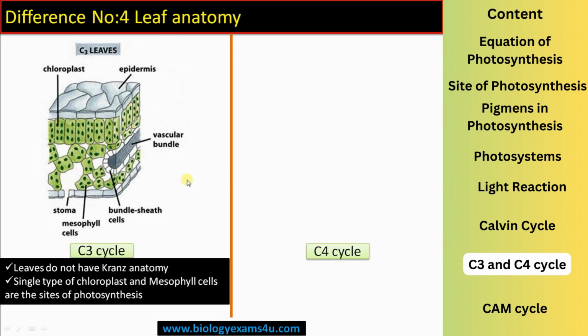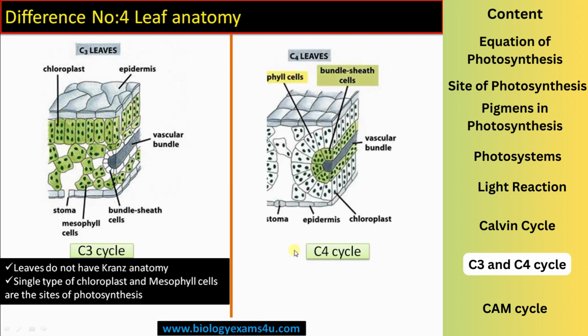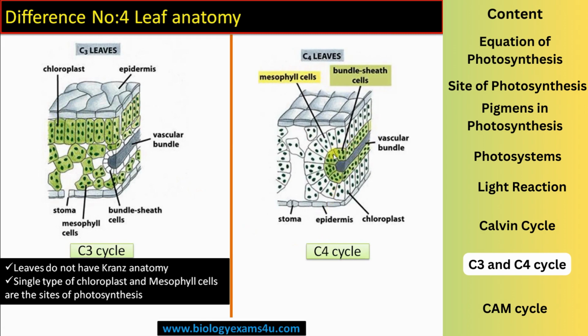Whereas in the C4 cycle there is a specific anatomy that is designed for this cycle. Vasculature is surrounded by bundle sheath cells with chloroplast, and that is surrounded by mesophyll cells with chloroplast. Mesophyll cells are the site of initial carbon dioxide fixation and light reaction.